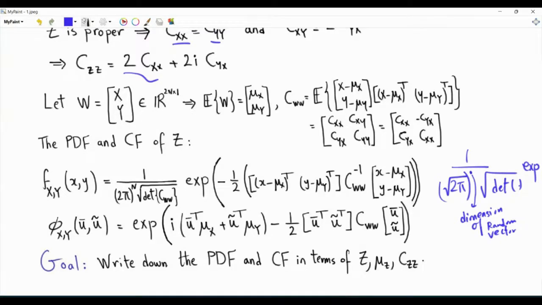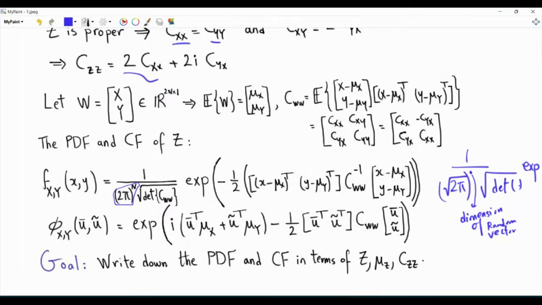We can stack them on top of one another in vector w. Now everything is real. We don't have complex anymore. So what is the PDF of this? It's 1 over square root 2 pi raised to the power of the number of random variables that we have here, 2n of them. So this will give us 2 pi raised to the power n.